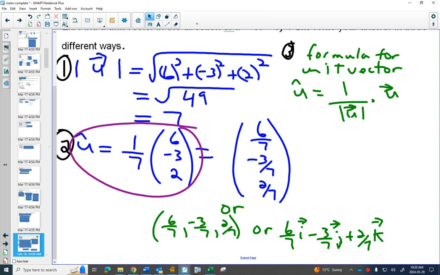But the formula for the unit vector is just 1 over the length of the vector times the vector. So you can do the next two to see if you can get the unit vectors for each of those.